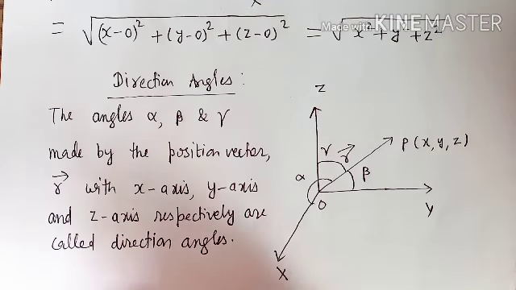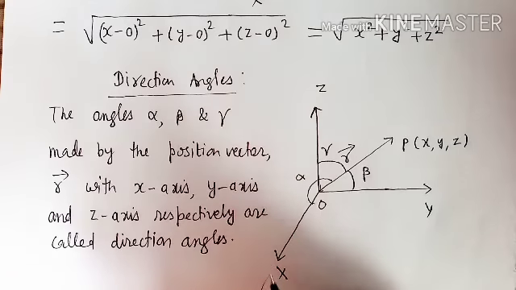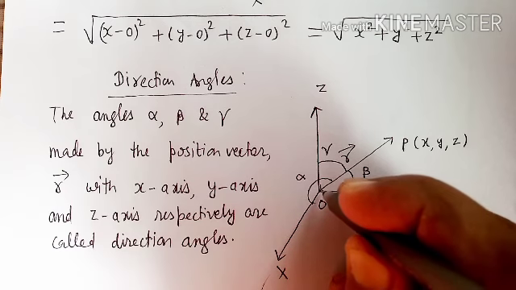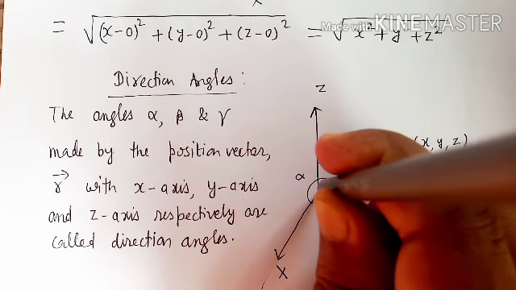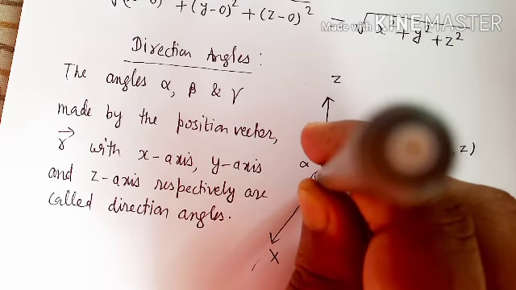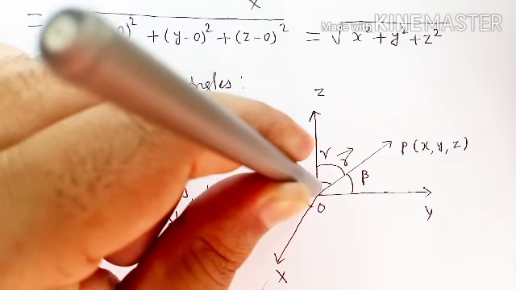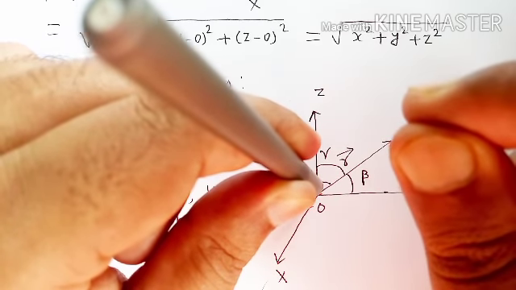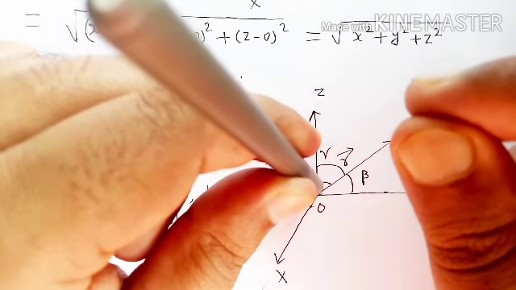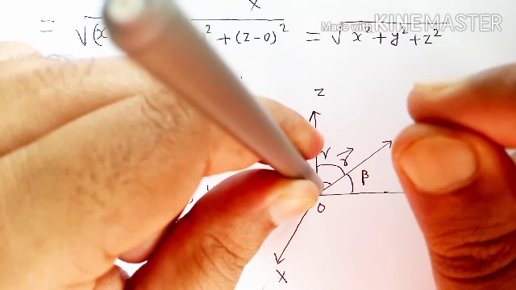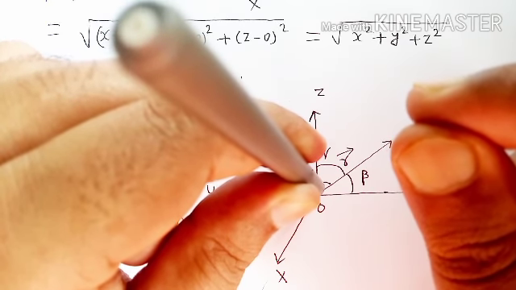Here this x-axis is perpendicular to the plane of the paper and passing through the origin. And point P is above the plane, and then alpha, beta and gamma are made with the vector R.